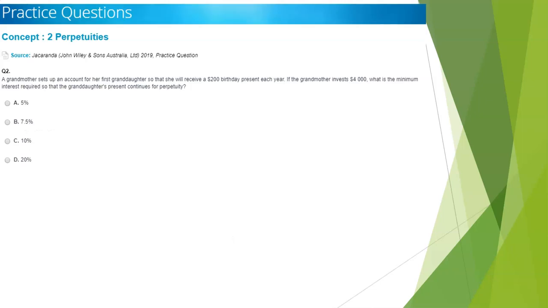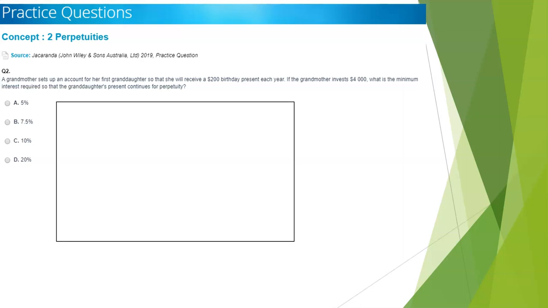Question 2. A grandmother sets up an account for her first granddaughter so that she will receive a $200 birthday present each year. If the grandmother invests $4,000, what is the minimum interest rate so that the granddaughter's present continues forever? So let's write down the information that we know. We have to work out I. M is $200.